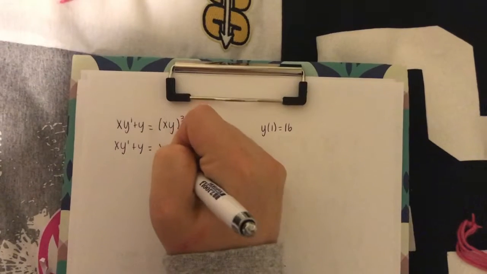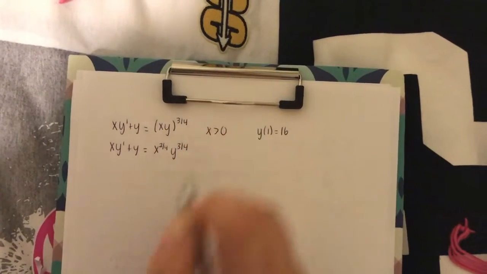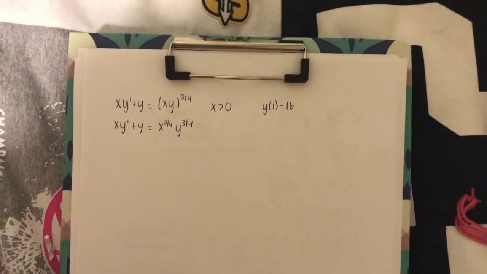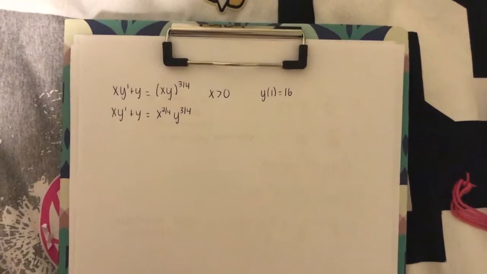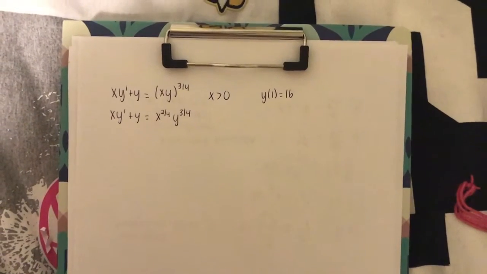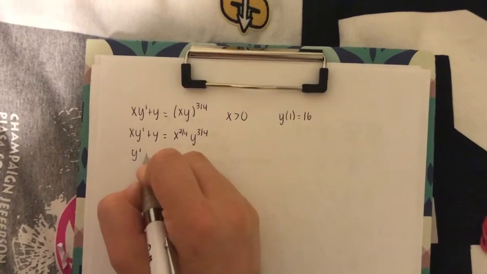by distributing that power of 3/4 to both of those x and y. From there we know that we need our y prime to be isolated and only x on the right side. So I'm going to divide by x for all the terms.